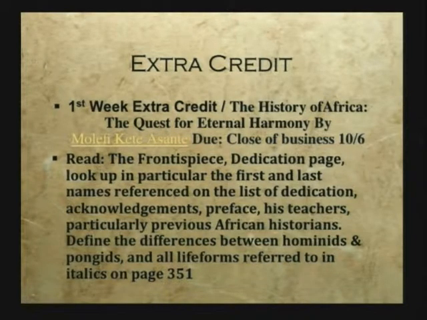You read the frontispiece in the book, the dedication page, and look up in particular the first and last names referenced on the list of dedication acknowledgments. These are his teachers, and he also references other African historians. You also need to define the difference between hominids and pongids and all life forms referred to in italics on page 351 in the book. Now, there's a reason I'm sending you on this sleuthing mission.